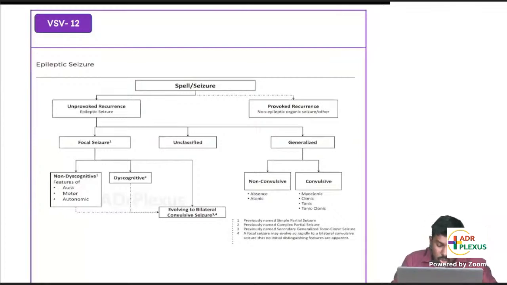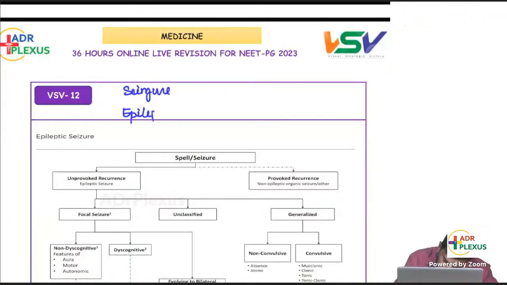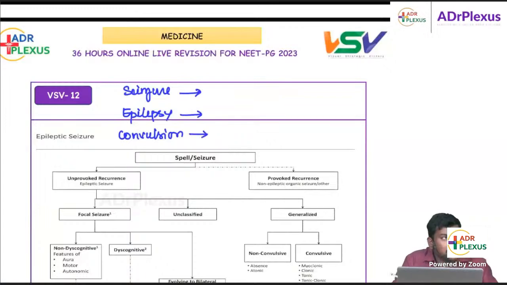We know seizures. We have three definitions here: seizures, epilepsy, convulsions. What is seizure?